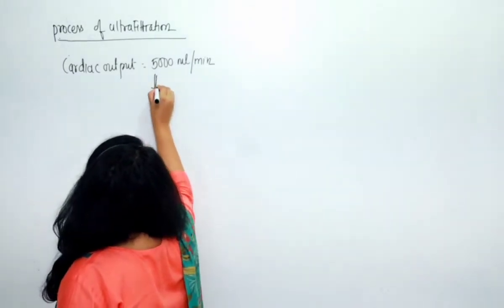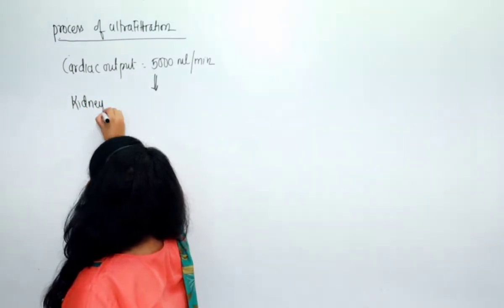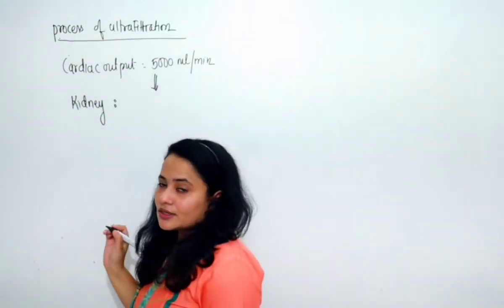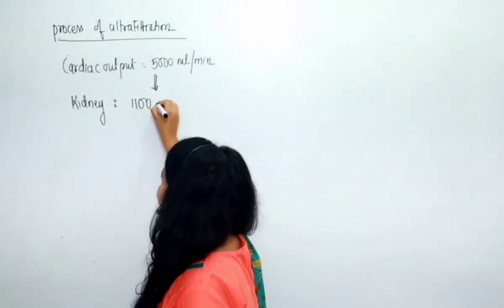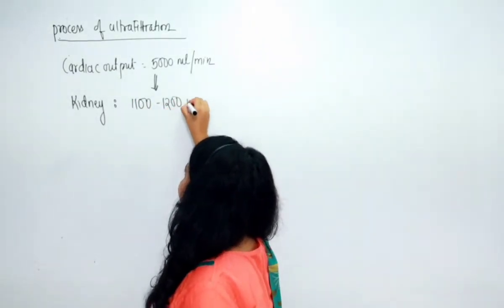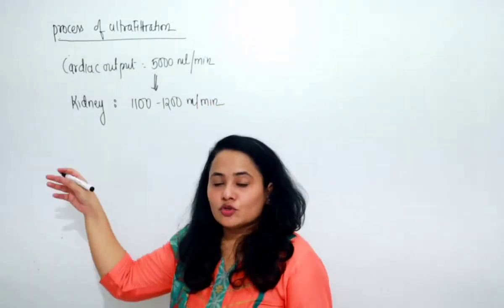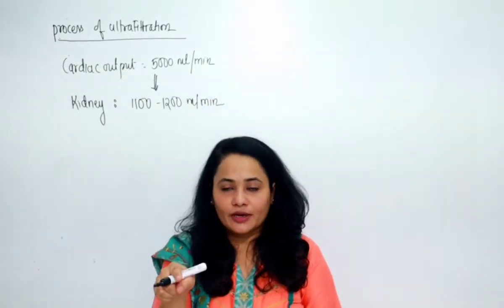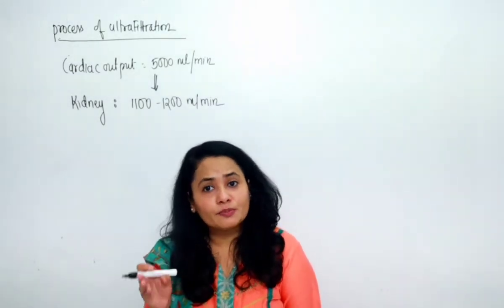The amount of blood that is entering into the kidney for filtration is something around 1100 to 1200 ml per minute. So this much blood is entering the kidney for the filtration process per minute.